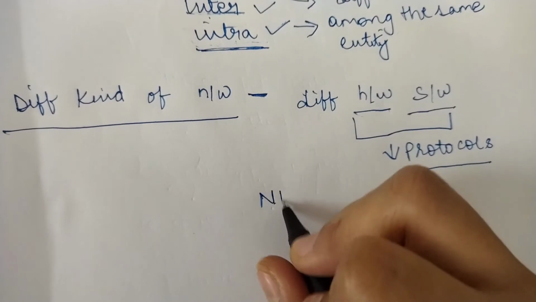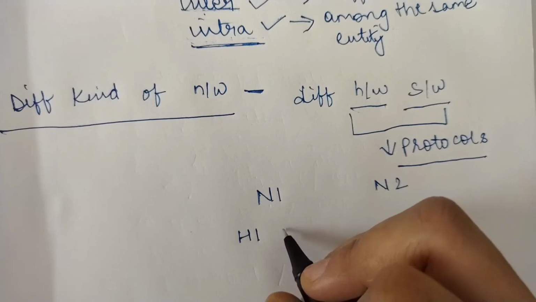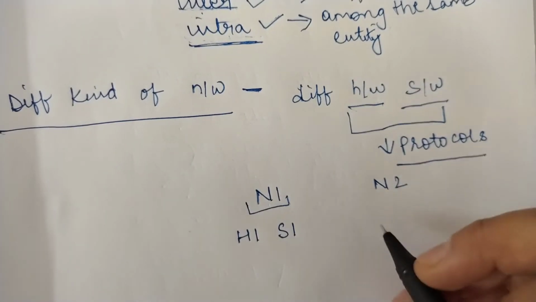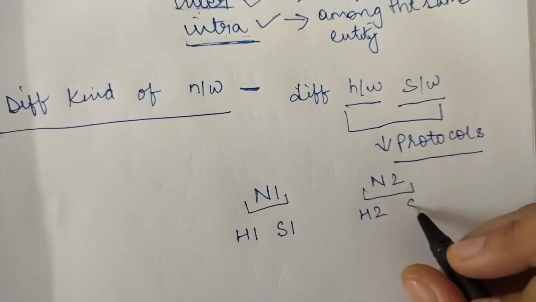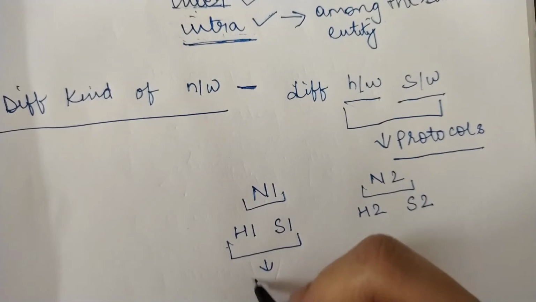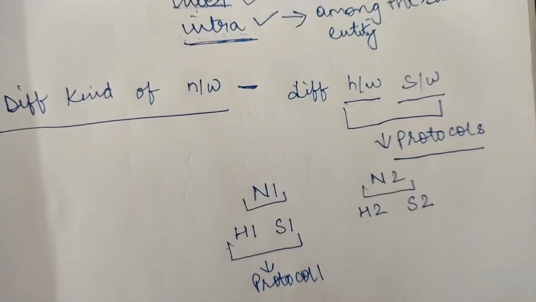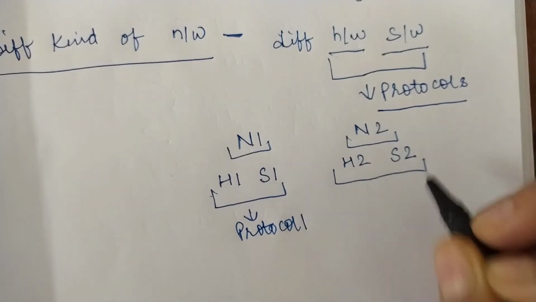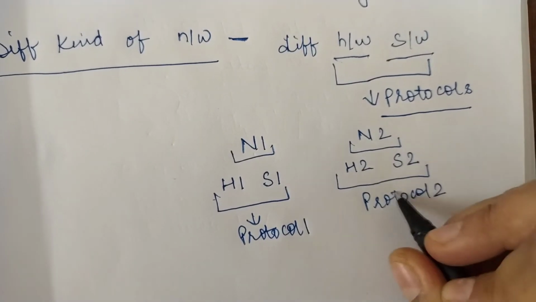If there is network N1 and network N2, the hardware used for network N1 is H1 and the software is S1. Similarly for network N2, the hardware used is H2 and the software is S2. For N1 the set of protocols used is, say, protocol 1, and for N2 the set of protocols used is, say, protocol 2.